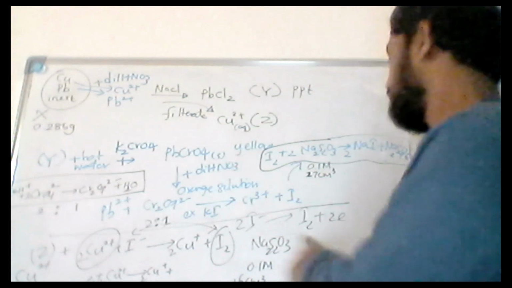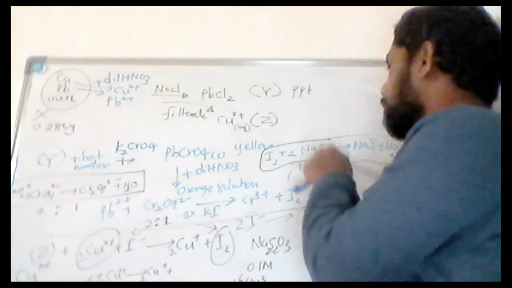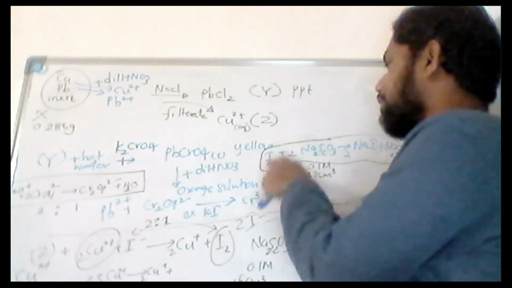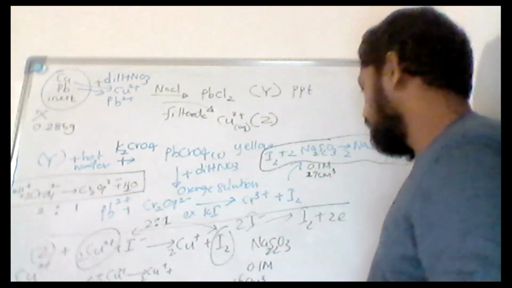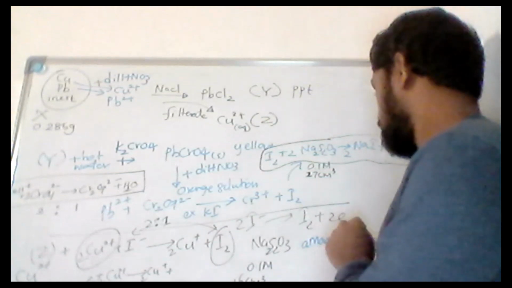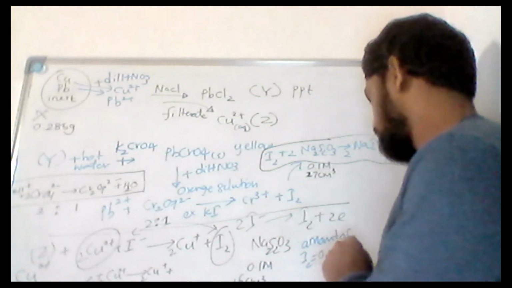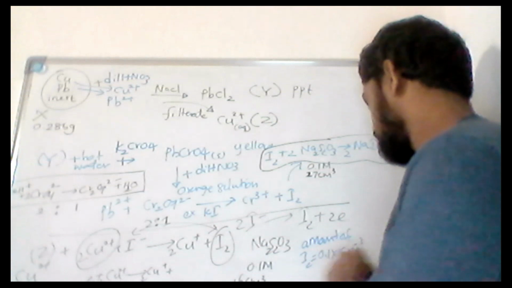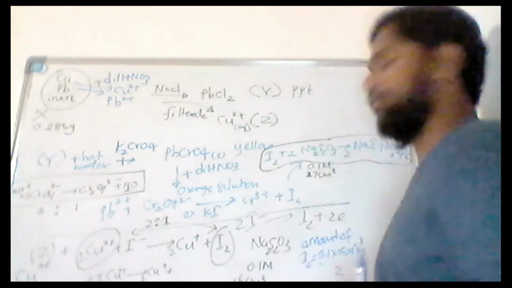First you find the number of moles of sodium thiosulfate, and the stoichiometry between sodium thiosulfate and I2 is 2 is to 1. So you can write down the amount of I2 is 0.1 into 15 into 10 to the power minus 3 divided by 2, because the stoichiometry is 2 is to 1.